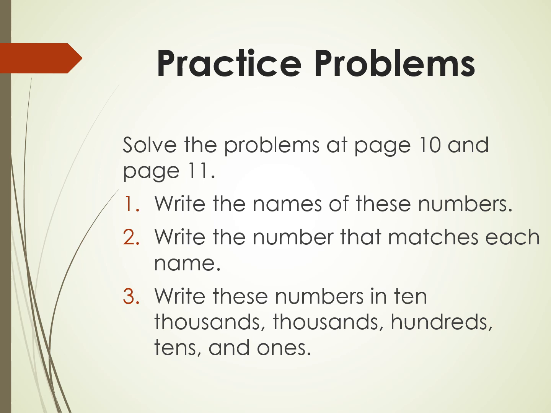The second question requires you to write the number that matches each name. And for the third question, you have to write these numbers in ten thousands, thousands, hundreds, tens, and ones. For your help, one part of each question has been already done for you.